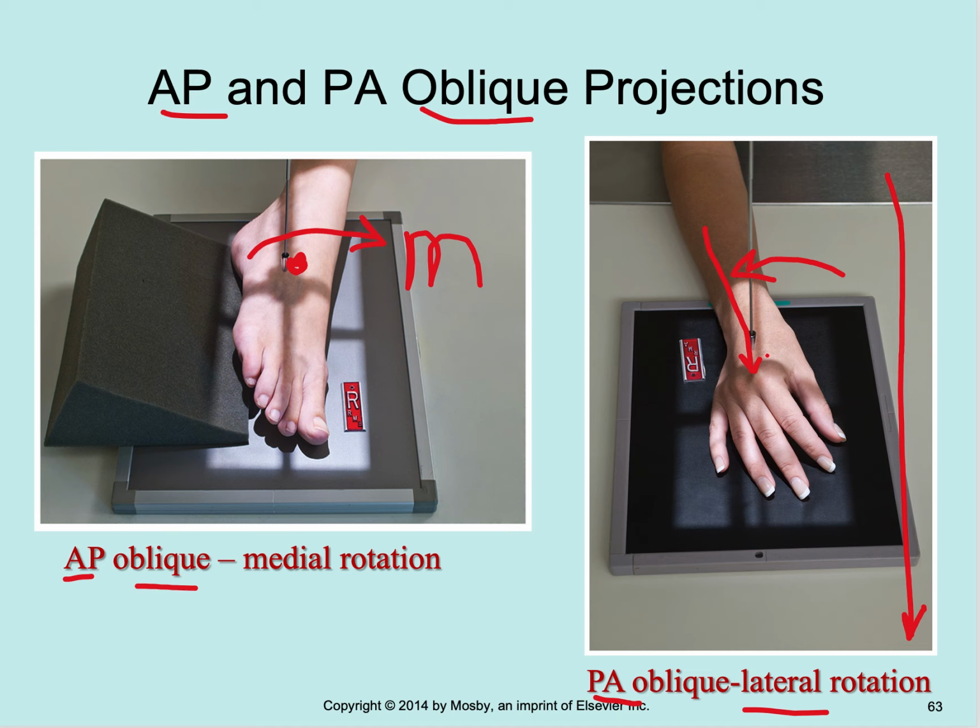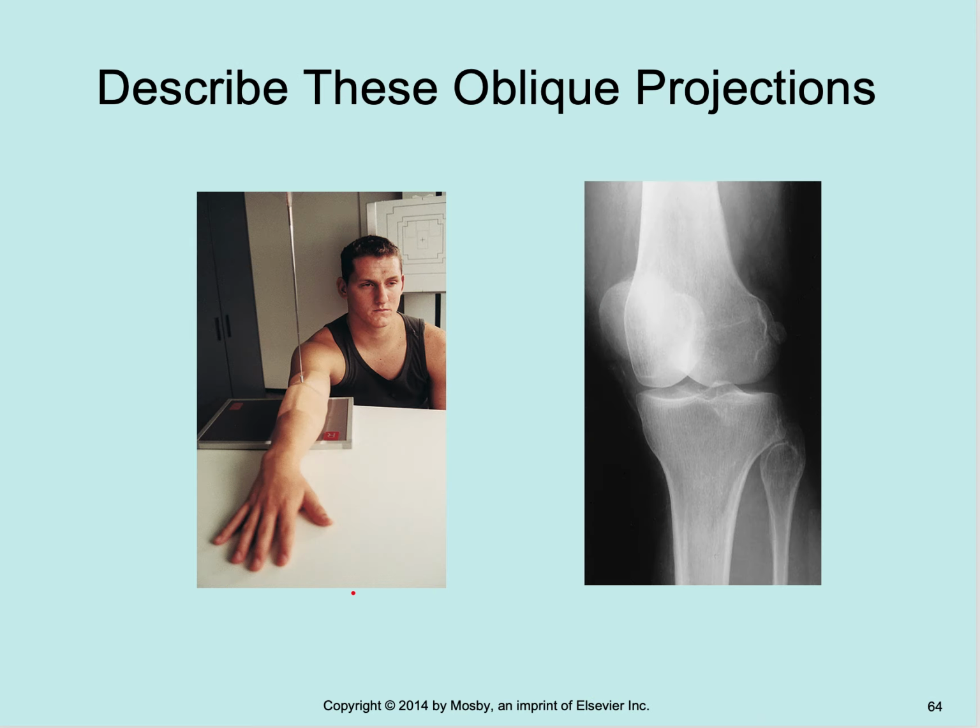So the back side of the hand is your posterior aspect. So we are entering posterior, exiting anterior. That's why we have the PA. And then it is an oblique position because that hand is oblique and it is moving lateral. So PA oblique lateral rotation, just like the foot is an AP oblique medial rotation because the midline of your body is over here. So medial rotation is moving towards the medial aspect of the patient.